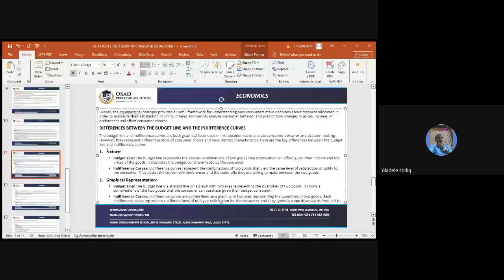So one is focusing on income and price, while the other is focusing on the level of satisfaction. That is the first one.